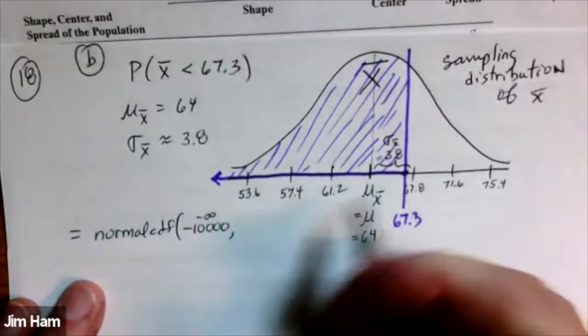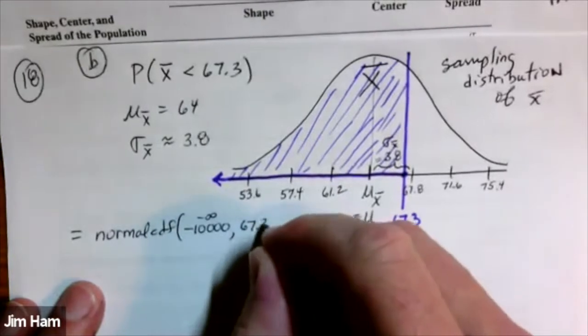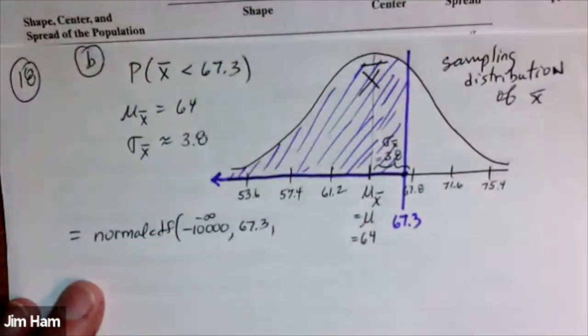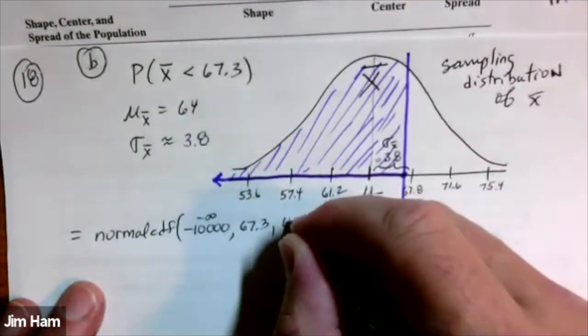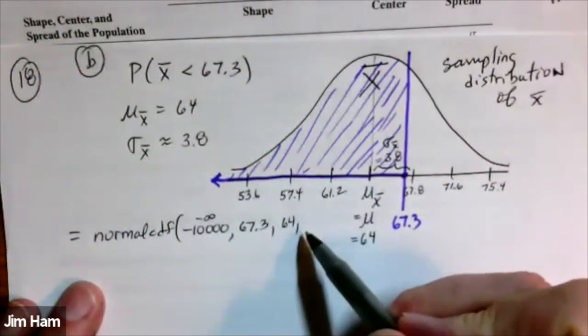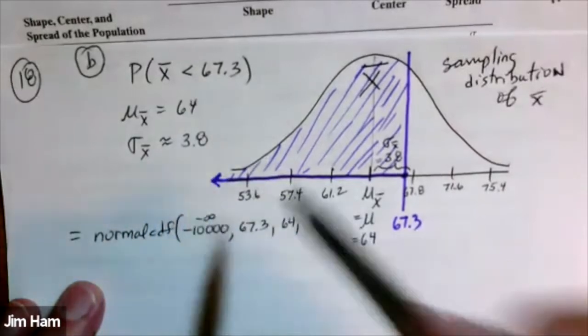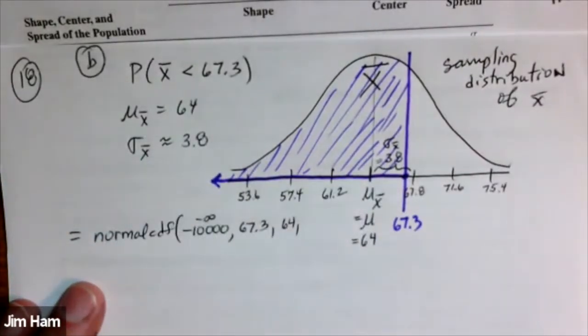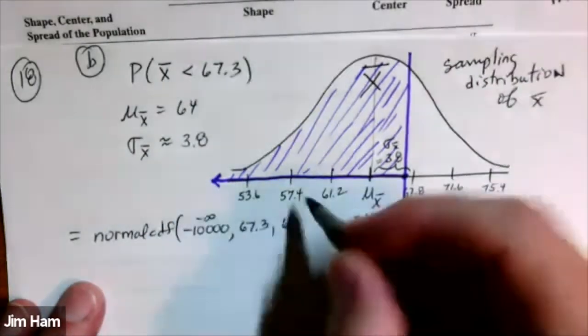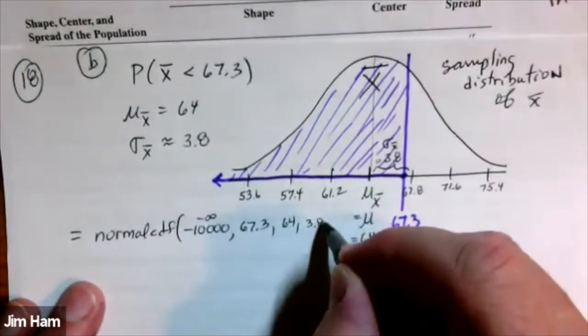The upper bound is 67.3. And then we have the mean and standard deviation. The mean is 64. And the standard deviation is now the standard deviation of this picture, standard deviation of sample mean, call that the standard error. So we're going to be using 3.8.